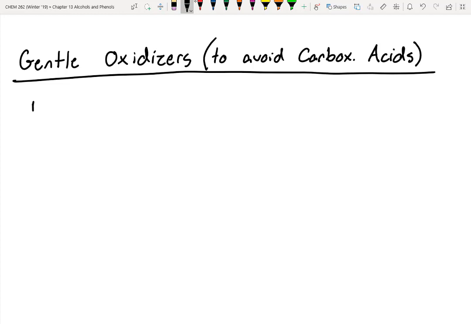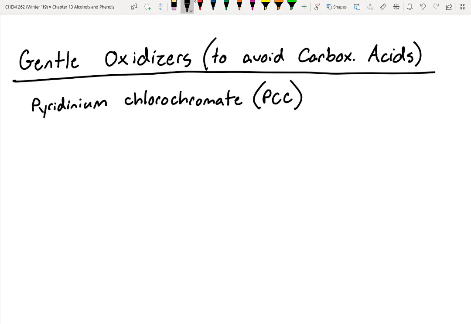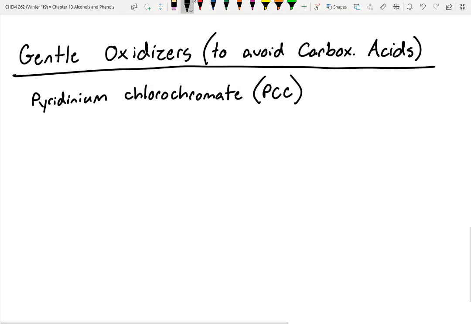So the main one that you'll see in our textbook is Pyridinium Chlorochromate. And this is usually abbreviated as PCC. It's just a lot easier to write out. So if you're trying to write this for a reaction, you can just write PCC above the reaction arrow and I'll know exactly what you're talking about. So will any other chemist on the planet, hopefully. Maybe not inorganic chemists, but they're not very helpful anyways.